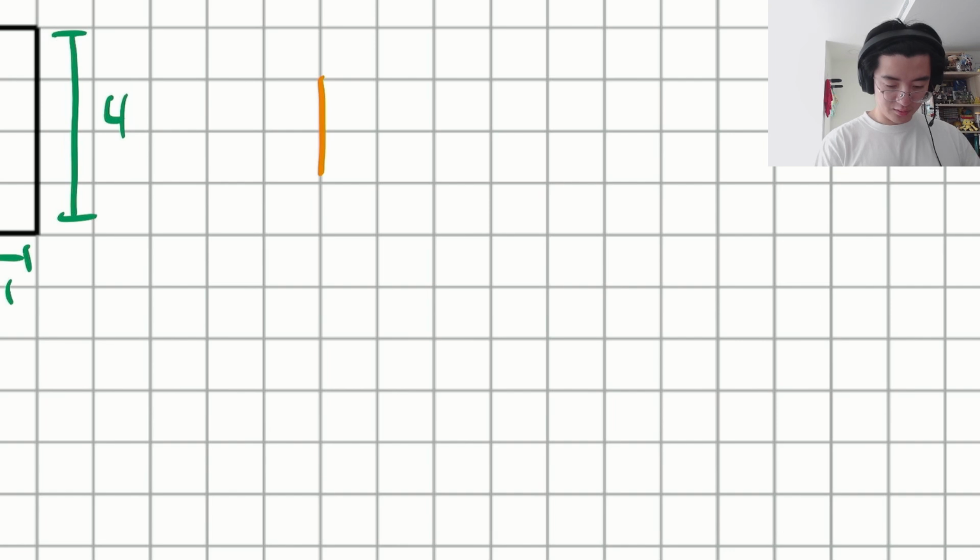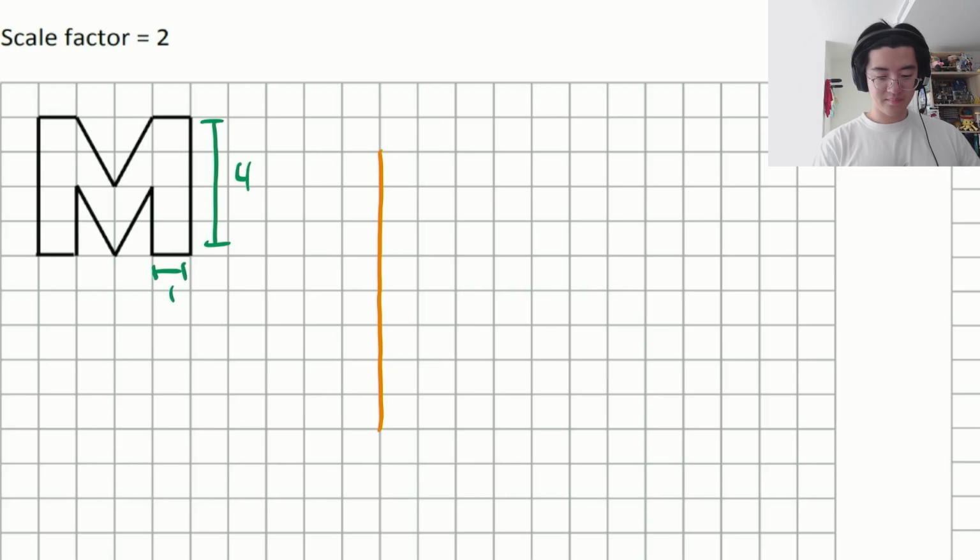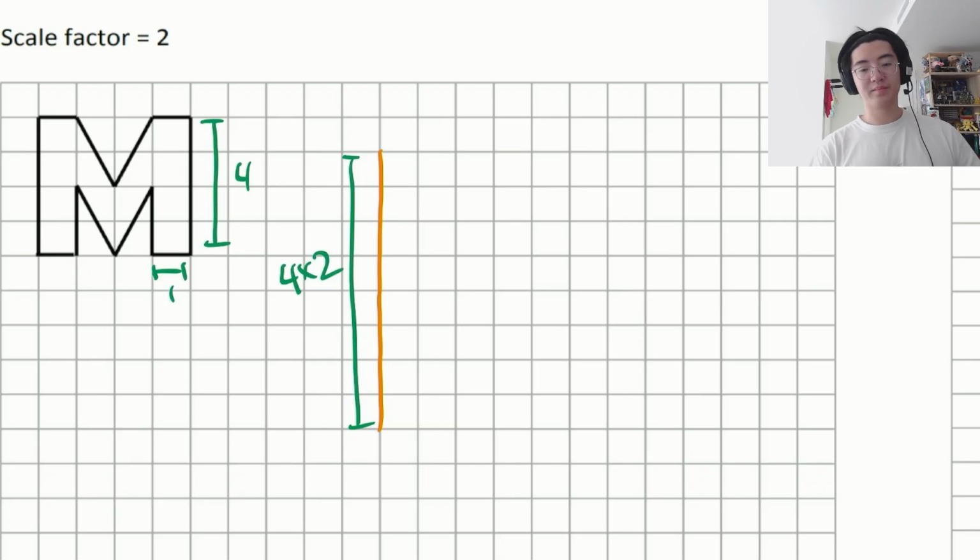So this is just 4 multiplied by 2. And of course, every single measurement applies.